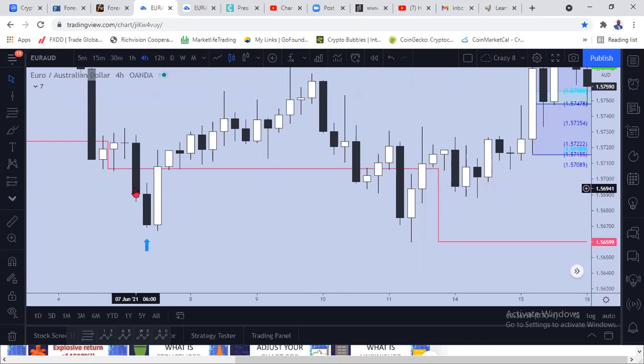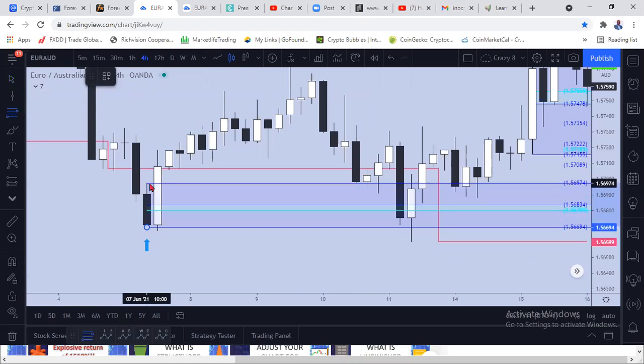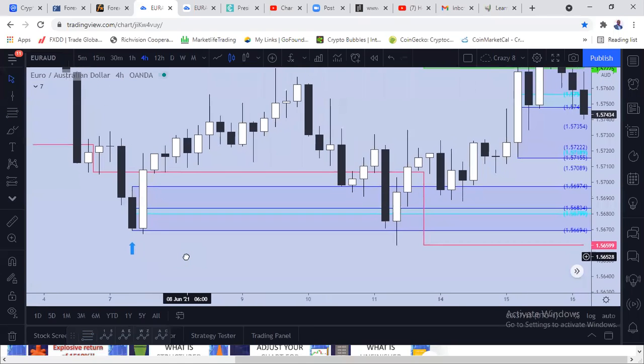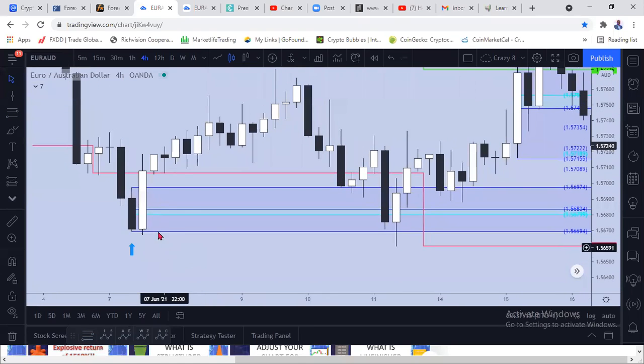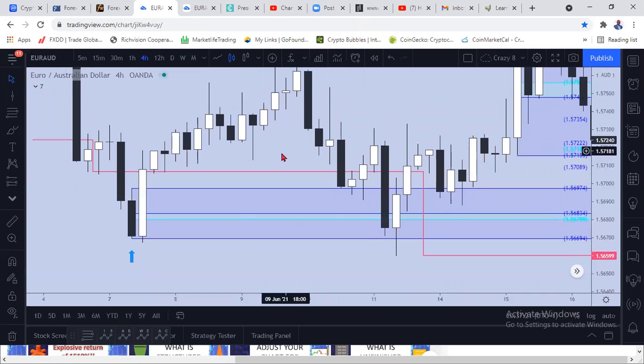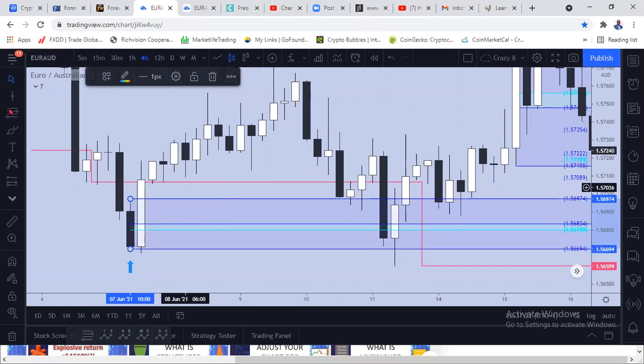It traded down, no AQZ qualifying candle, and then traded down, no AQZ qualifying candle, and finally gave us a bullish AQZ qualifying candle with a bullish engulfer. So what do we do? We practically just fib this out, and then we have a bullish bias for that particular week, and then price traded its way up, right?